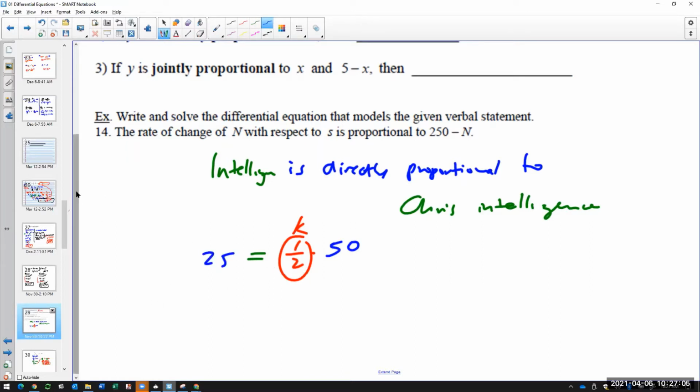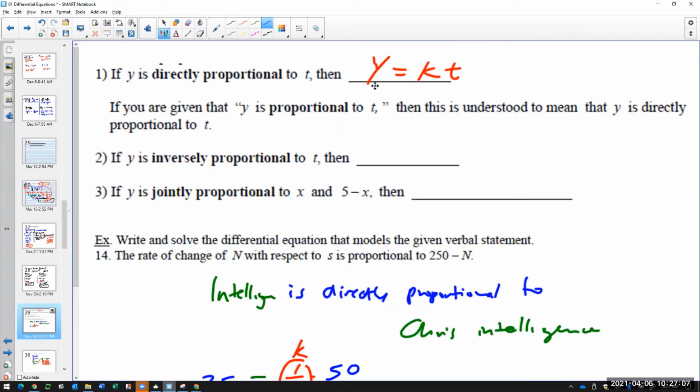So that's what directly proportional means. It means that you multiply by some number to get the answer. Now, inversely proportional means a flip. So Y would be equal to K times 1/T.